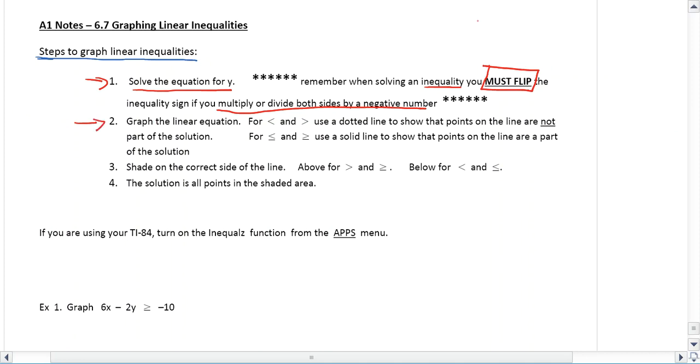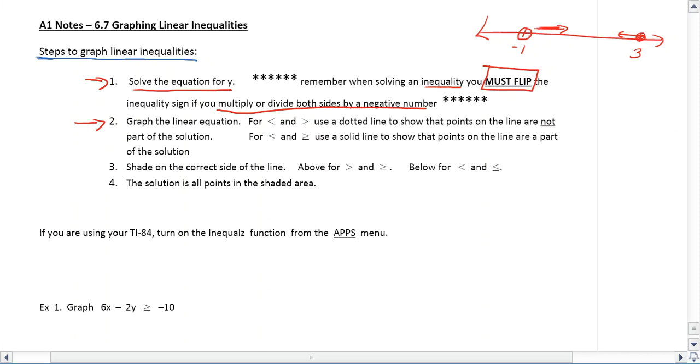Now remember how when you were graphing on a number line, an open circle on a number meant that number was not included in the answer. On another problem, when you used a closed circle and it was all filled in, that means the 3 was included in the answer.